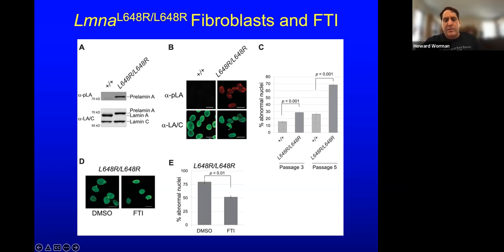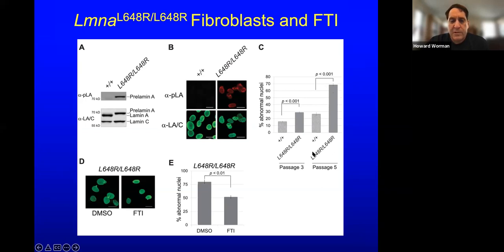I have some better pictures, but we're just showing these here. And the number of cells with abnormal shaped nuclei increases with passage number. You can see at 3 passages, maybe about 30% had abnormal shaped nuclei, and increased to maybe 60 to 70% with more passages.